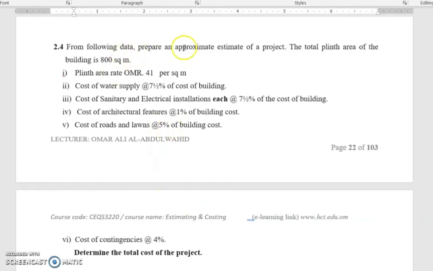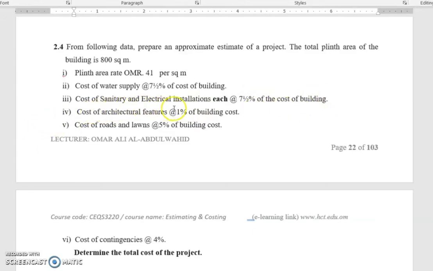From the following data, prepare an approximate estimate of a project. The total plinth area of the building is 800 square meter. Plinth area rate is 41 per square meter. The cost of water supply will be 7.5% of the cost of the building. The cost of the sanitary and electrification installation each, take care of this one, each 7.5% of the cost of the building.